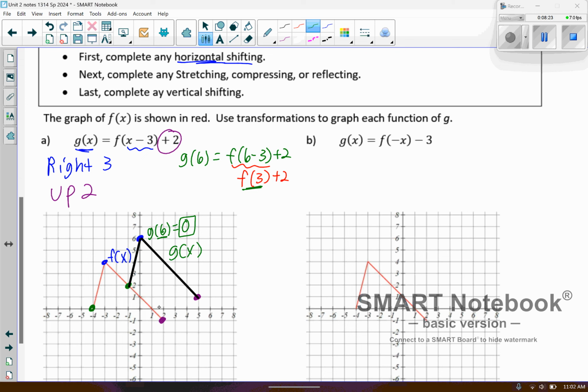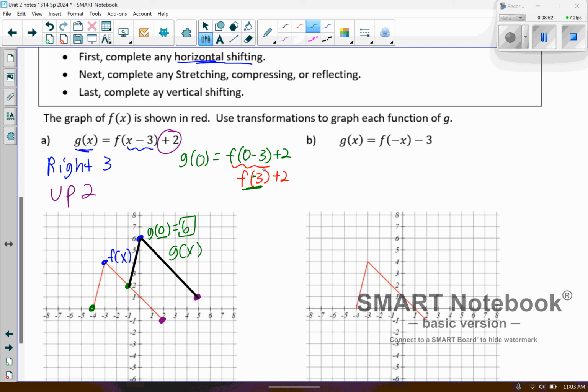Oh, you know what? I got that backwards. Let me fix that real quick. I'm sorry, my apologies. You're probably thinking, what the heck is he doing? That's g of 0 equals 6. Sorry about that. G of 0 equals 6. That will make a lot more sense now. So g of 0, so that would be a negative 3 inside there.